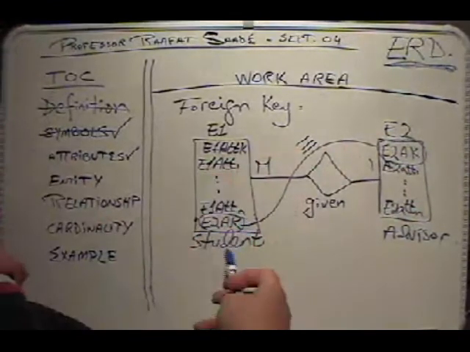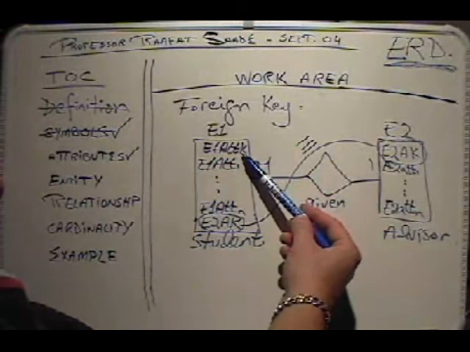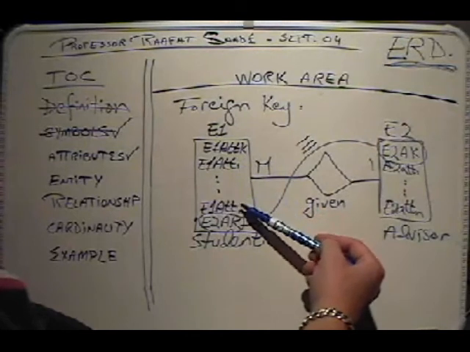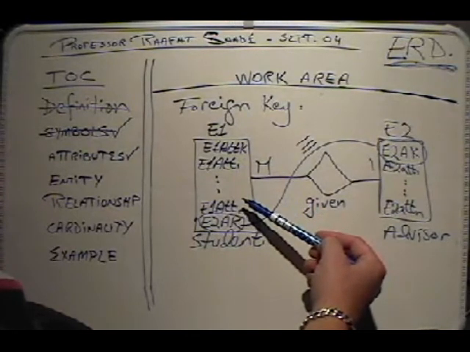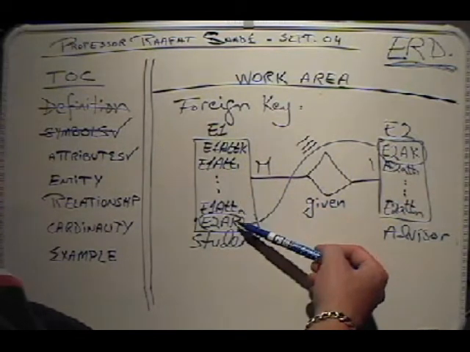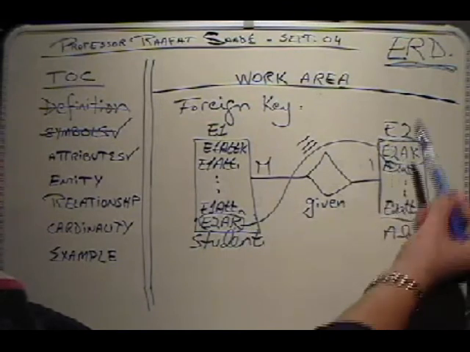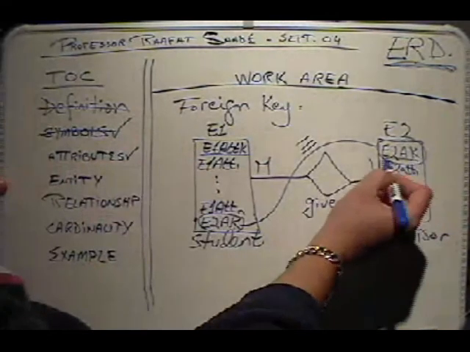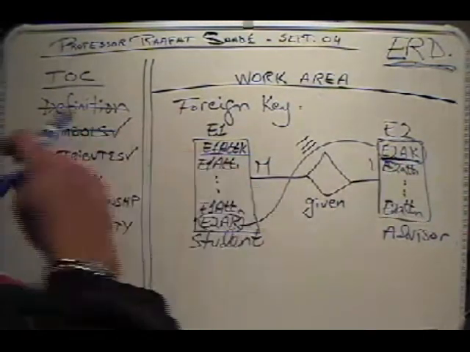Because in this entity it says that the student with a unique identifier, in this case student ID, whose name is this, whose address is this, whose, so we identified all the information we need for the student, has advisor with an advisor ID this. It's the same thing. In here, this is the primary key. In here, this is the primary key. And this is the foreign key.